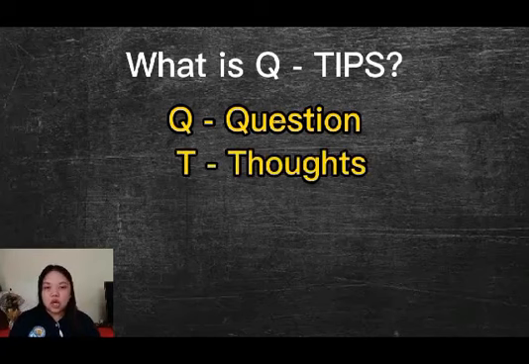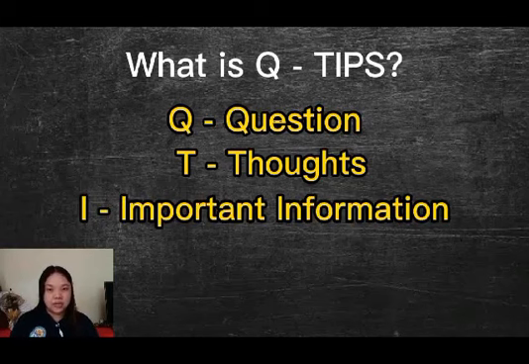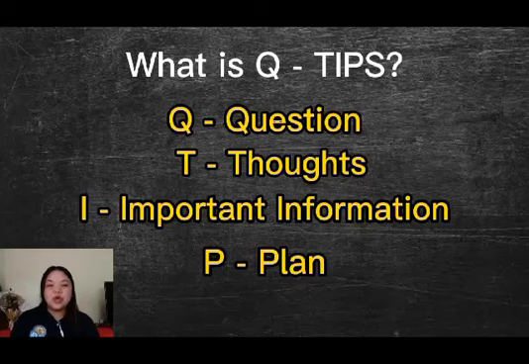For the next, T or thoughts, meaning what is the operation that we are going to use to solve the problem. Then for I, or important information, in this step, we will look for and collect all the needed givens to solve the problem. And for P, or plan, it is where you decide on a strategy to solve the problem.